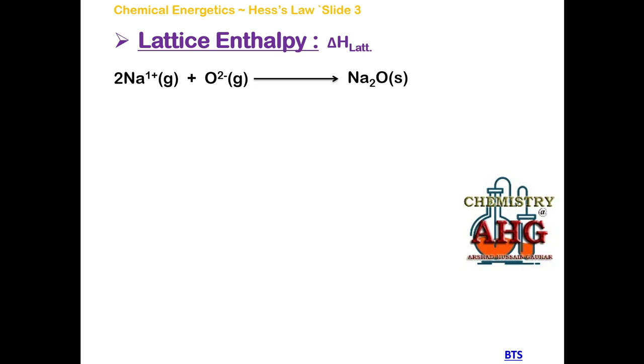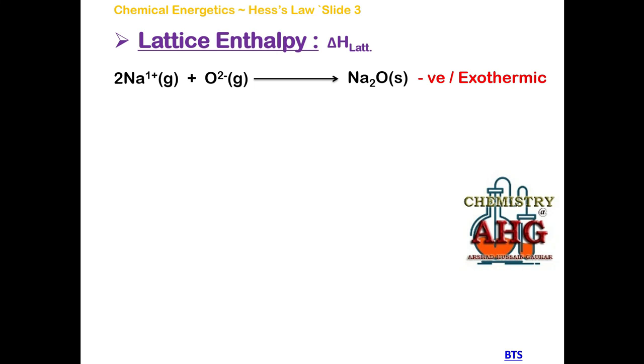In A levels you are supposed to write lattice enthalpy for bond formation. Otherwise, lattice enthalpy can also be shown for dissociation, the process of bond breaking. Since we have written this equation according to bond formation, it is always exothermic. You must remember lattice enthalpy is negative at this level, or it is exothermic.